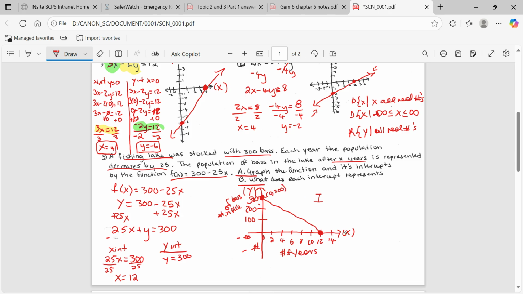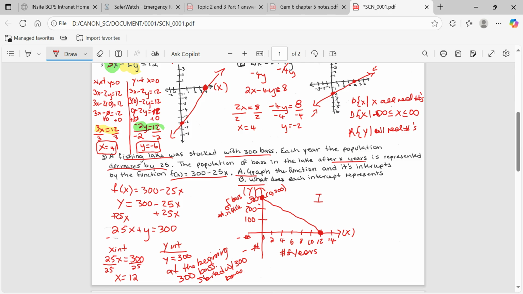So if you recall, x is representing your years, and this is your number of bass. So at 0 years, there were 300 bass. You could also say, at the beginning, there were 300 bass. Started with 300 bass. Something of the sort, right?